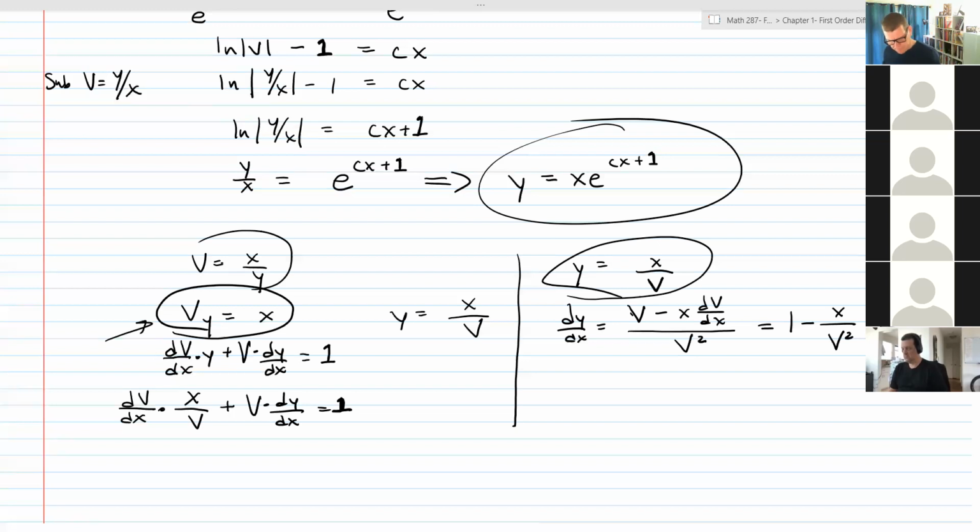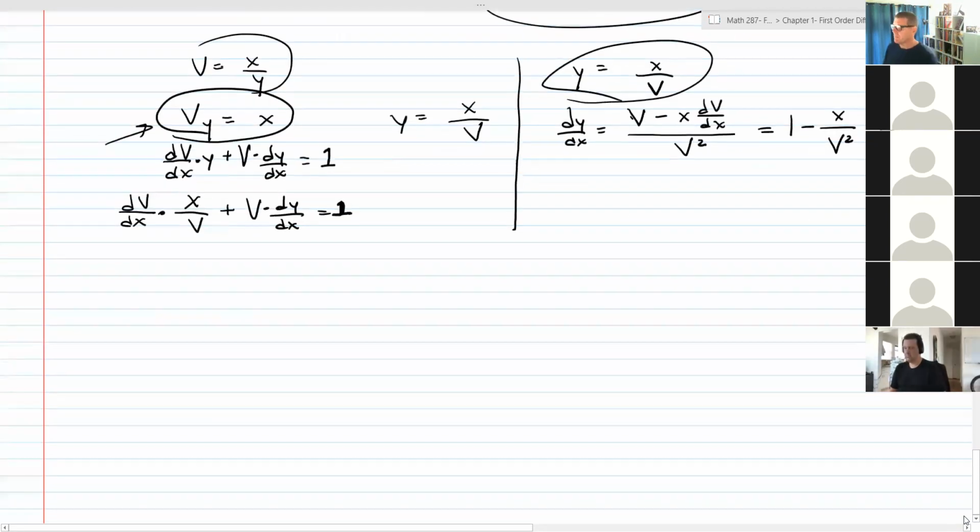All right. Yeah, that's good. There it is. 1 minus x over v squared dv dx is dy dx if we actually go and use x over y.